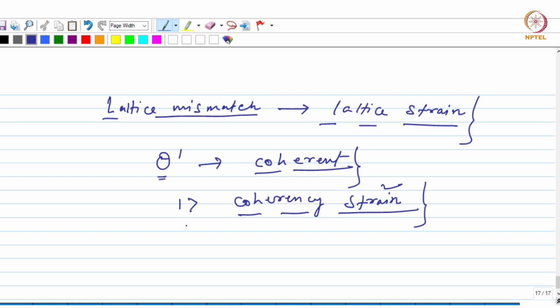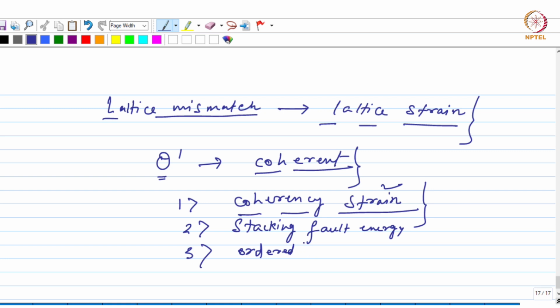The second one comes from the stacking fault energy. I'll come back to this and elaborate as to what exactly it means and how it happens. Then here also you have the ordered structure hardening, like what you have seen for the solid solution strengthening.